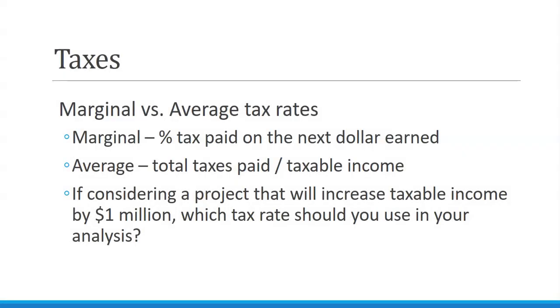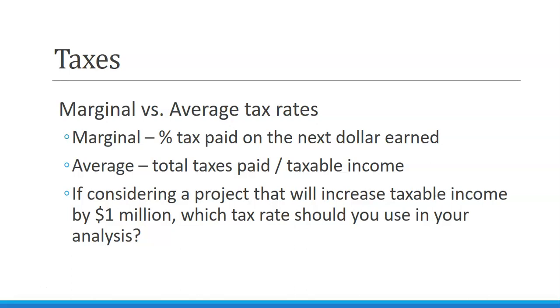We also have taxes. When we look at taxes, we look at the marginal versus the average tax rate. Our marginal tax rate is the percent of tax paid on the next dollar earned. Our average tax rate is the total amount of taxes paid divided by our taxable income. If we were considering a project that would increase our taxable income, which tax rate would we use in our analysis?